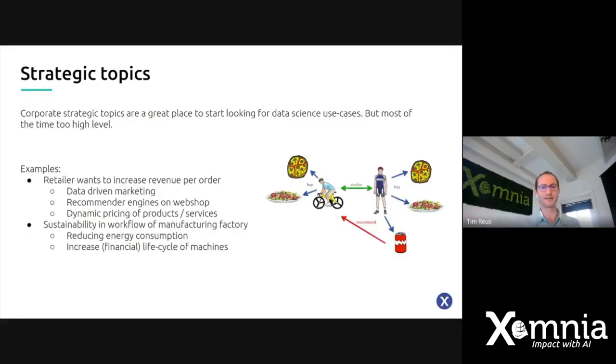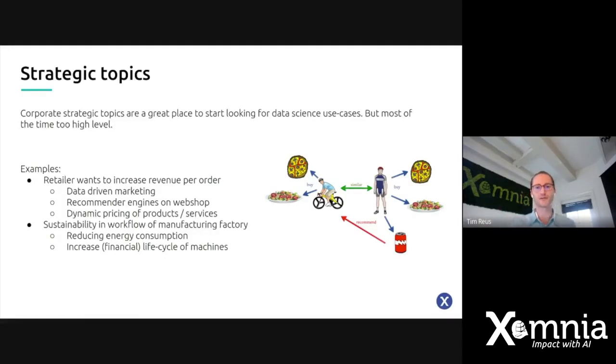Well, the second one might not always be the ideal one, so you would want to go for the first one often enough. So what you could do there is data-driven marketing, right? Really get the word out there, specific for people, or go for recommendations on your web shop. This is obviously something you are all familiar with: while you're putting something in your basket, you get a pop-up, hey, you might like this as well.